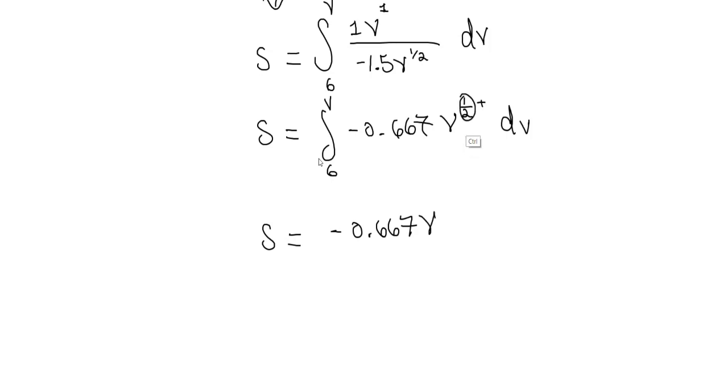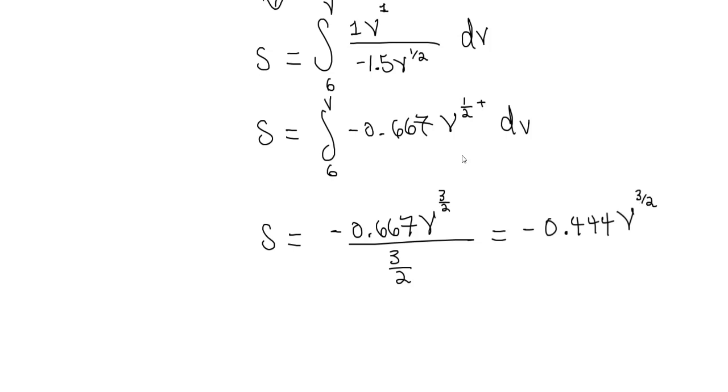You do 1/2 plus 1. We're taking the integral. So it's going to be 3 over 2. Then we take this 3 over 2 and place it on the bottom, right? So I can reduce this again. So I'm going to take negative 0.667 divided by 3 over 2. And that should give me negative 0.444. And it's going to be the velocity raised to the power 3 over 2.